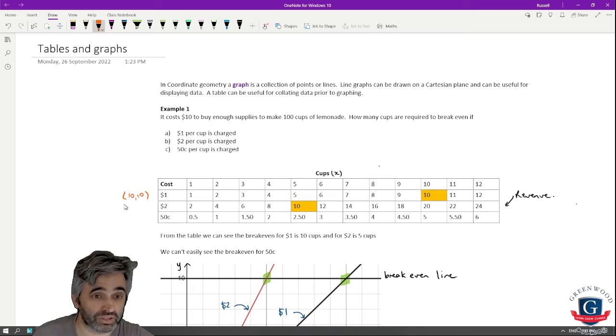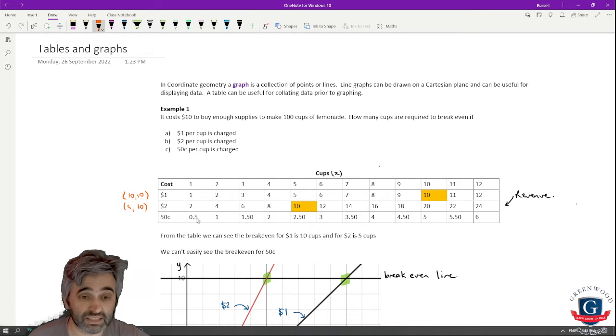That's our break-even point, so that would be at the point 5,10. For 50 cents, for 1 cup we would charge 50 cents. For 2 cups we would charge $1. For 5 cups we'd charge $2.50, and as we can see we haven't quite reached the break-even point with this table. But let's graph what we know so far.